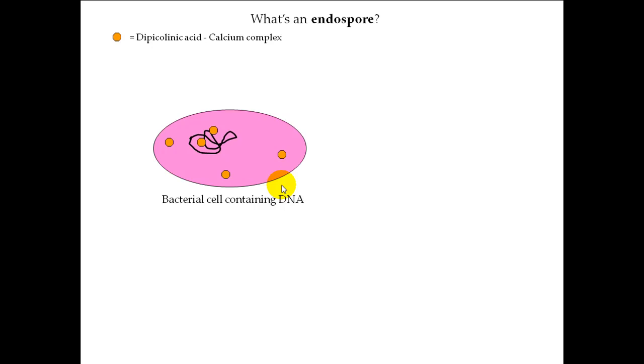And what these things do are two things. I have it so that these dipicolinic acid calcium complexes are bound to the DNA, and that's because it helps stabilize that DNA during the harsh conditions. Not only that, but they also help to dehydrate the cell. Dehydrating the cell during tough situations is useful because, one, it slows down enzymatic activity inside of that cell.